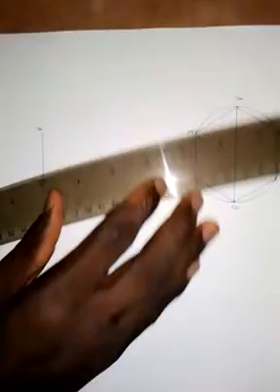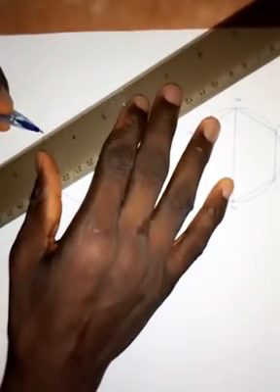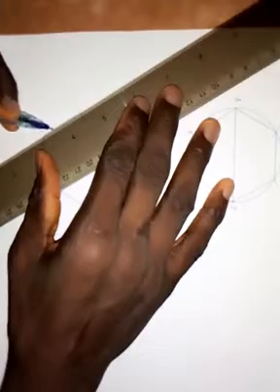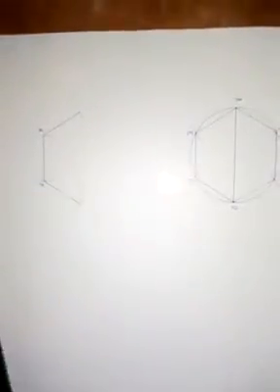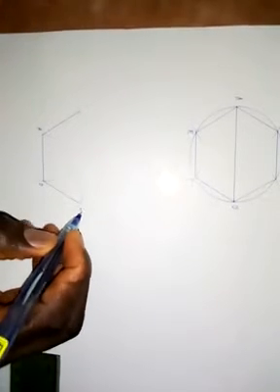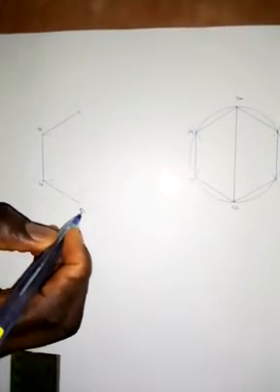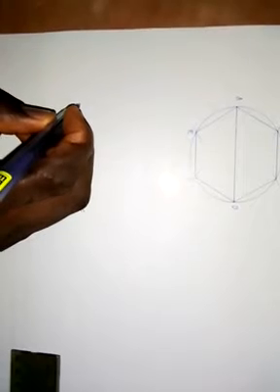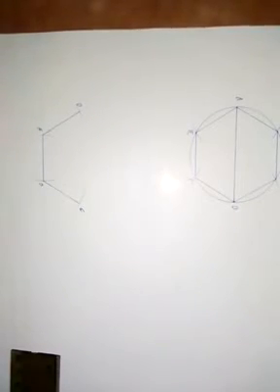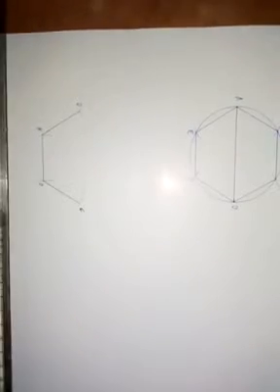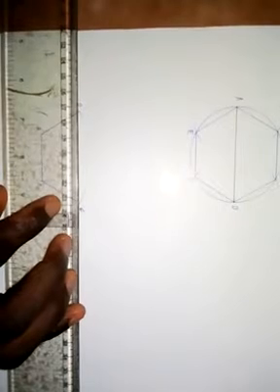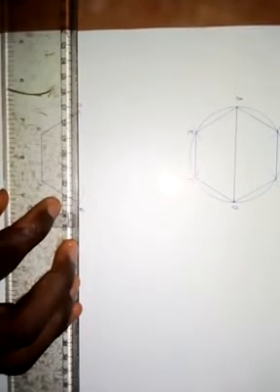Let's call this point C, and this is point G. The next thing I'm going to do is draw a straight line from each of these points.